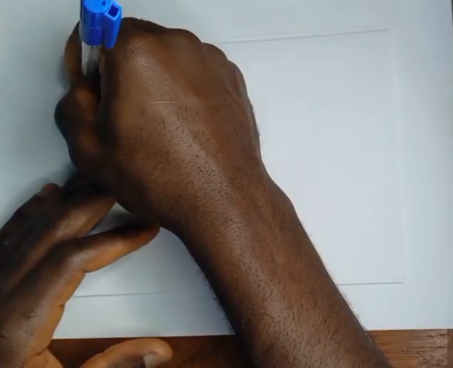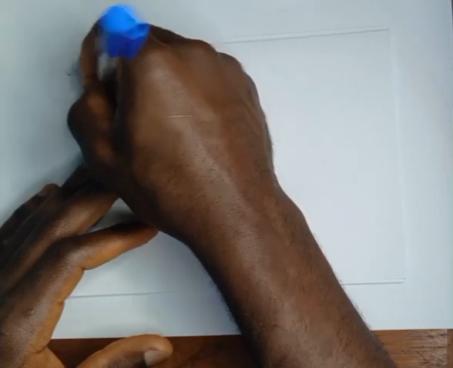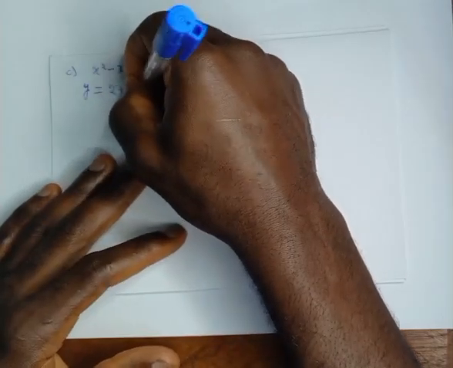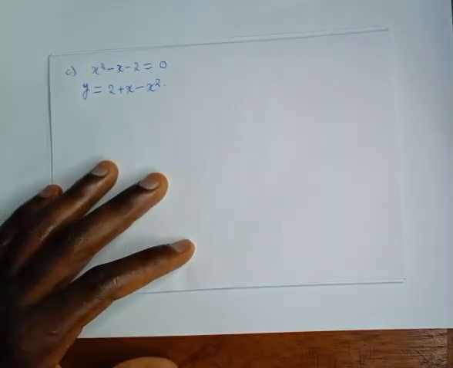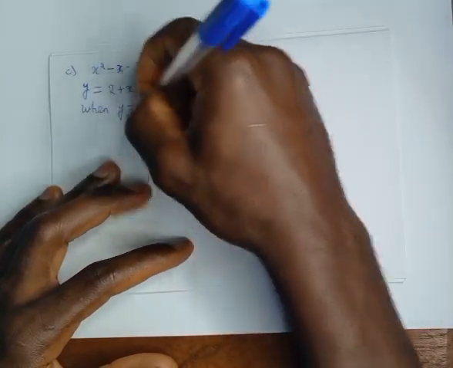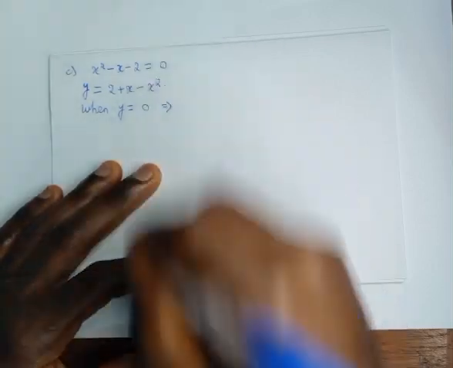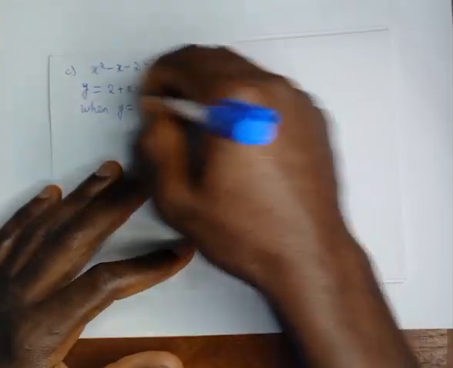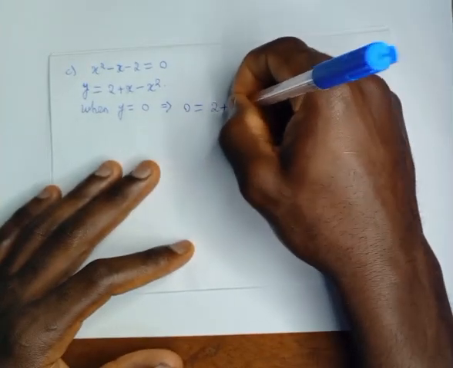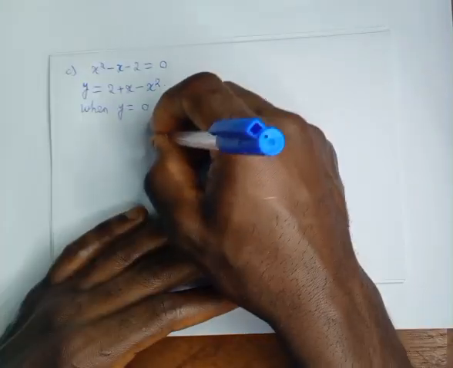First, we have been given the function y equal to 2 plus x minus x squared. Now, if you take a case when y is equal to 0, we are going to replace y with 0. 0 will be equal to 2 plus x minus x squared.